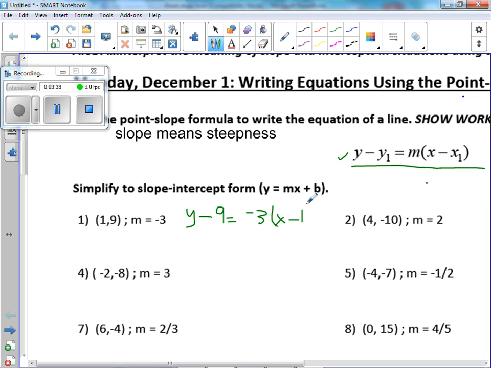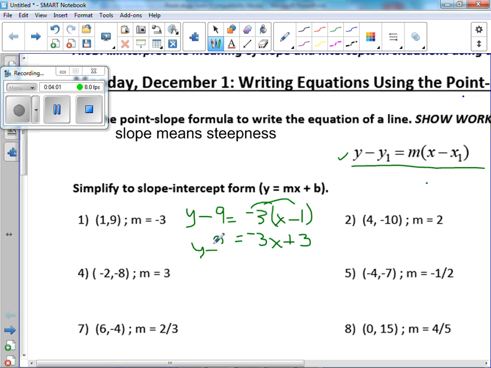Now we just use the distributive property, and we multiply to get -3x plus 3, because the -1 times the -3 is a +3. Now I'm going to bring down my y minus 9.